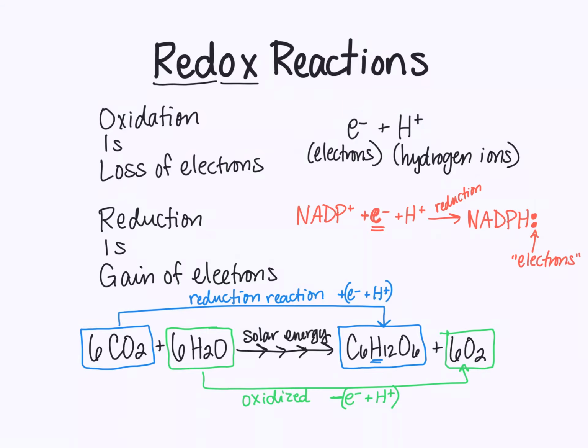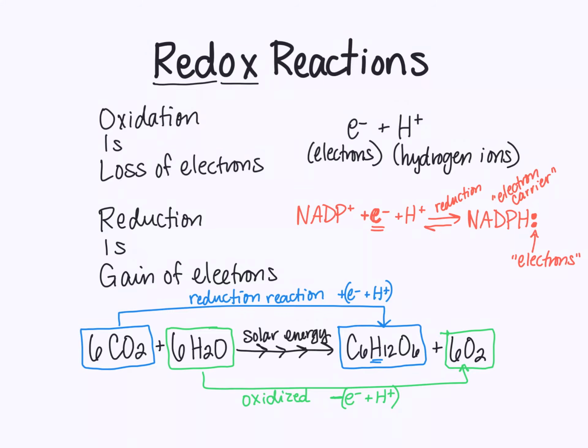And NADPH we can call an electron carrier, because it kind of acts as this intermediate molecule that helps to transfer or carry electrons from one molecule to another molecule. And so we'll talk about when during photosynthesis NADPH is formed, and then we're also going to talk about the opposite reaction.